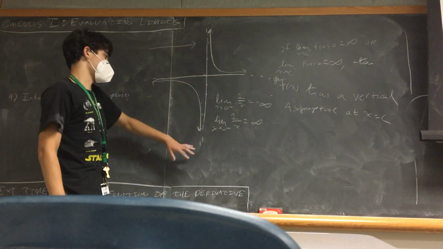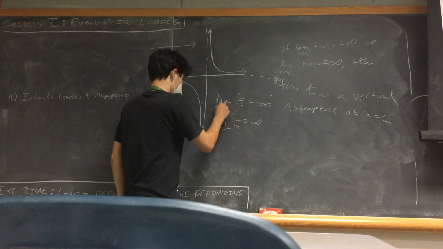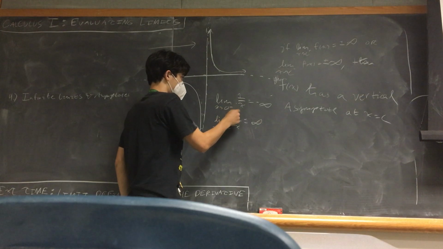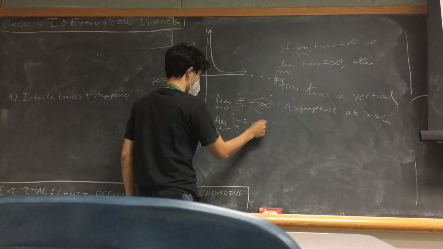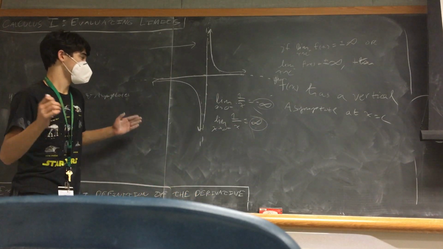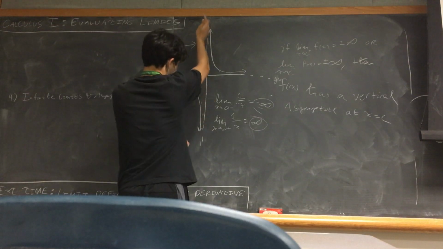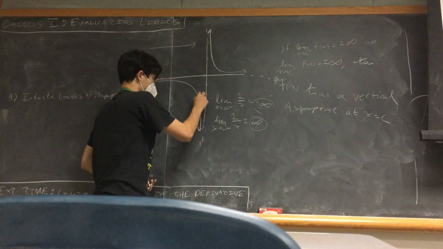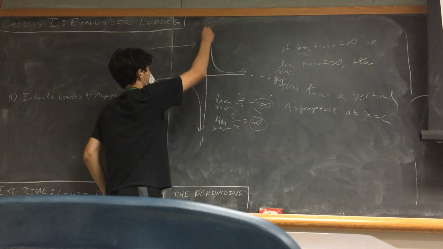So in the same sense, we have a vertical asymptote, and we see that the limit as x approaches 0 from the left is negative infinity. The limit as x approaches 0 from the right is positive infinity. Meaning as we go closer and closer to 0, the function is increasing or decreasing without bound. It's never going to cross this vertical asymptote.